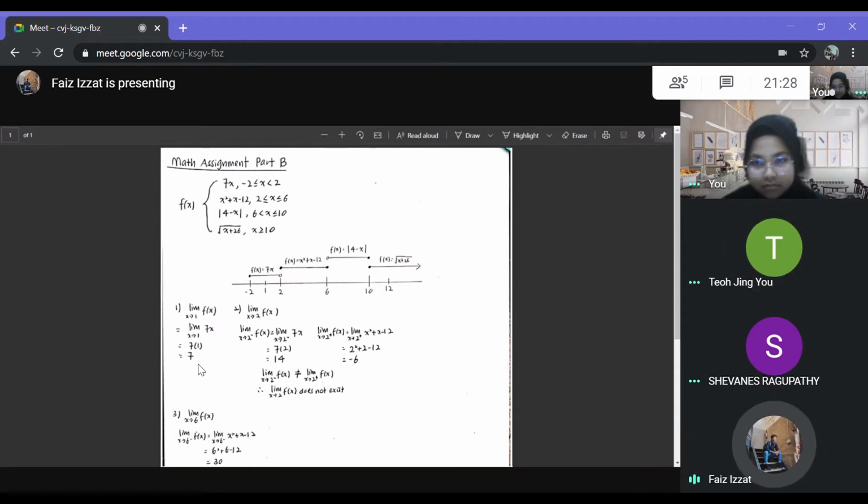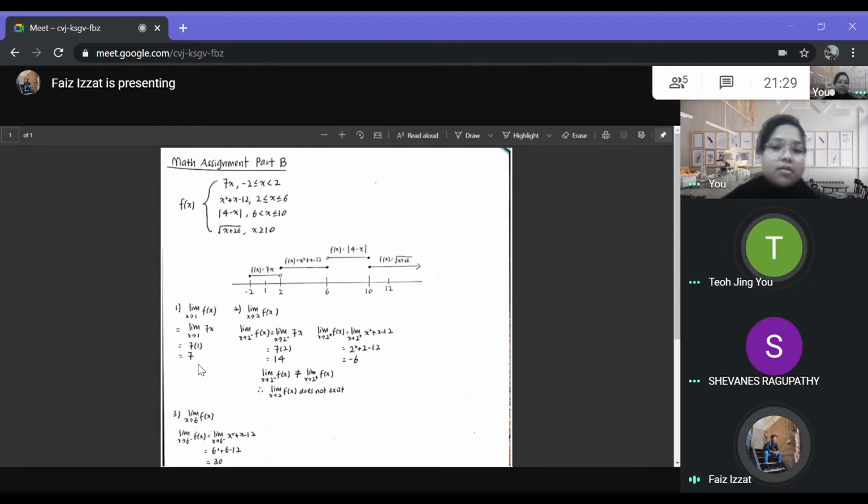Then we substitute the function f(x), so it turns into the limit of the function 7x as x approaches 1. Then we substitute x approaches 1 into the function. It equals 7 multiplied by 1, and the answer is 7. So that's for the first function.